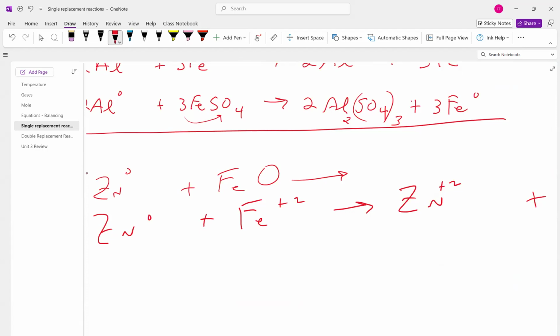That's why the iron is +2. The nonmetals on the top left usually form negative ions. Okay, so which is higher, zinc or iron? Zinc. Zinc's the metal. So that means this reaction happens.